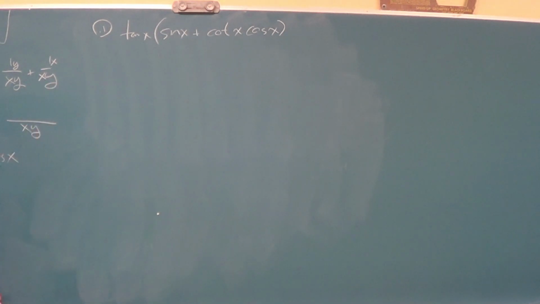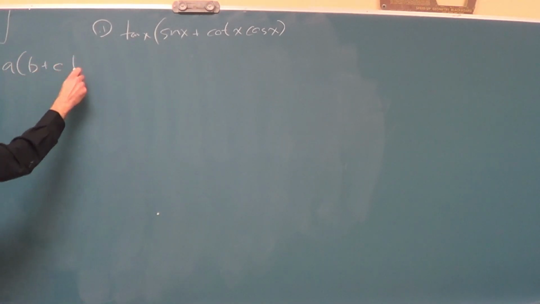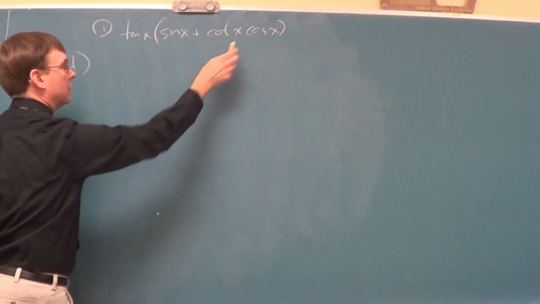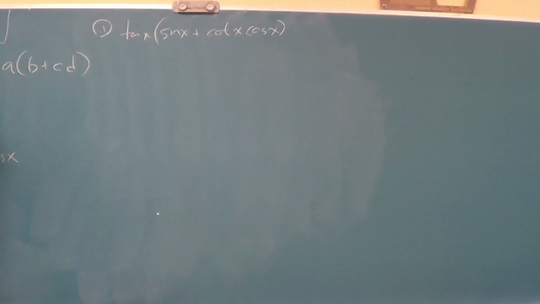This algebra structure should look familiar. If that algebra structure doesn't look familiar, it sure probably will when I go like this. Now, if I just replace these trig words with letters, what algebra experience have you had thousands of times that this is sort of pushing you toward doing?